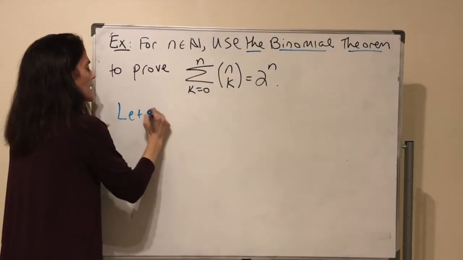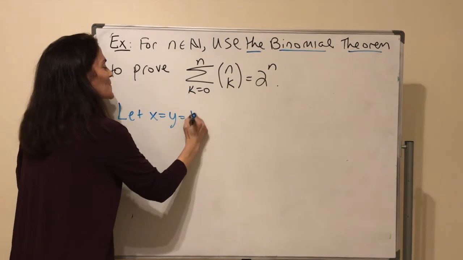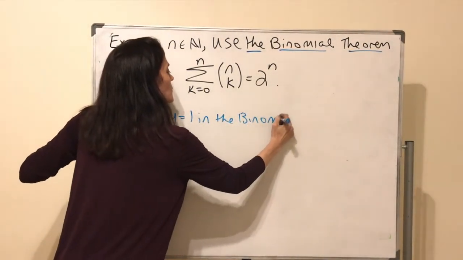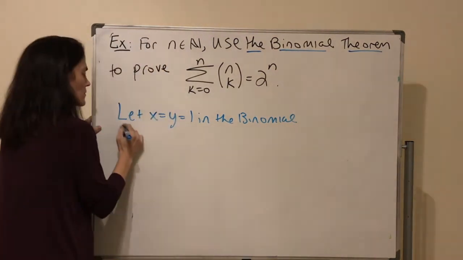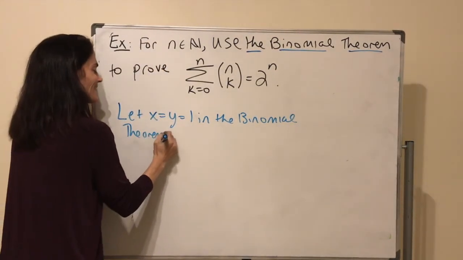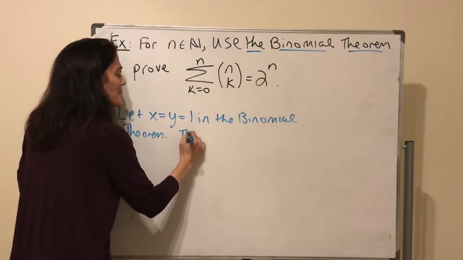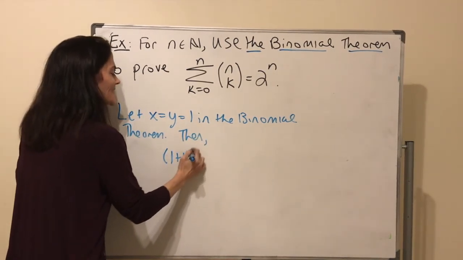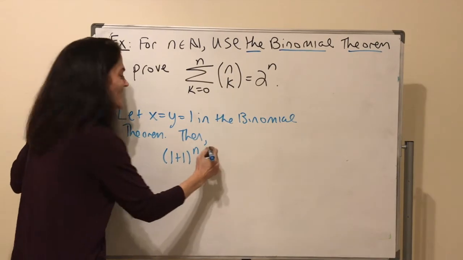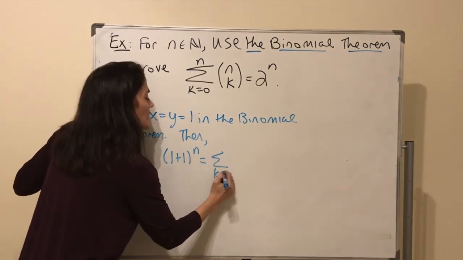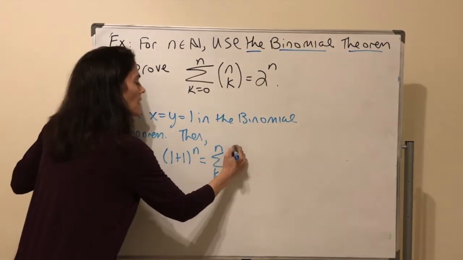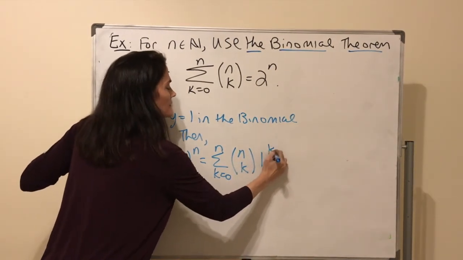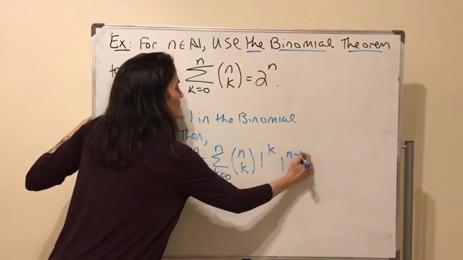Okay, here we go. Let's let x equal y equal 1 in the binomial theorem. Then, what does the binomial theorem say? Well, 1 plus 1 to the n will be, it says it's a sum, k equals 0 to n of n choose k, 1 to the k times 1 to the n minus k.